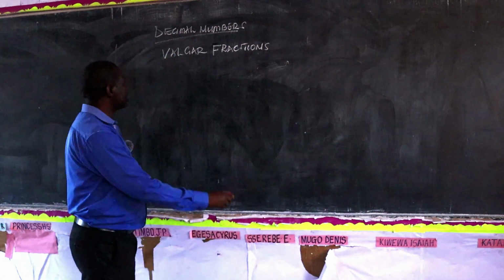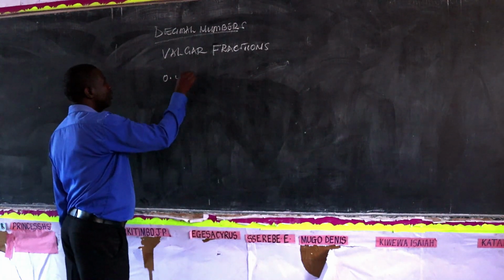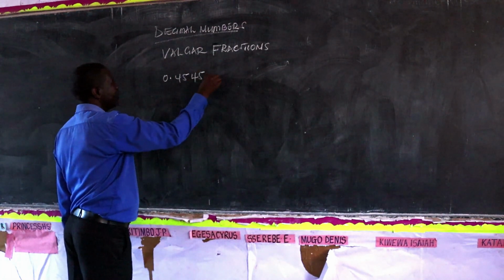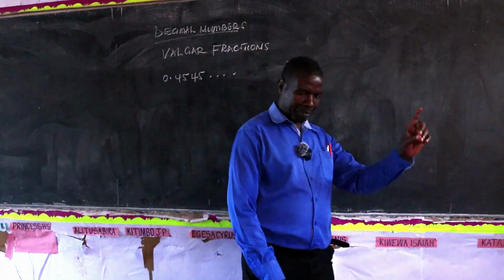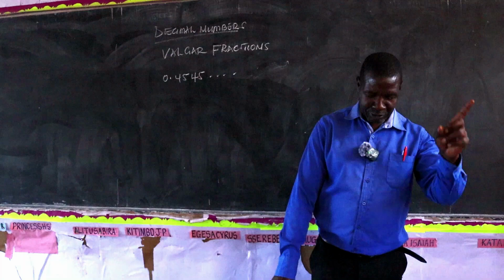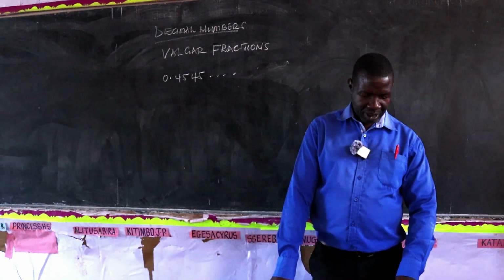For instance, we have 0.4545 with some continuation, meaning that the number does not end. That one qualifies to be a vulgar fraction.